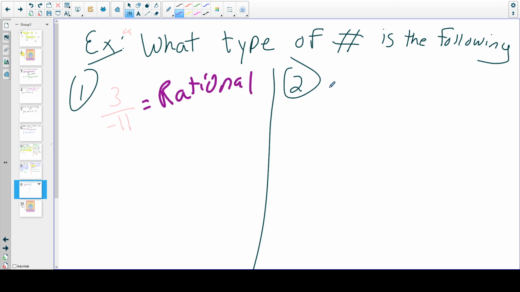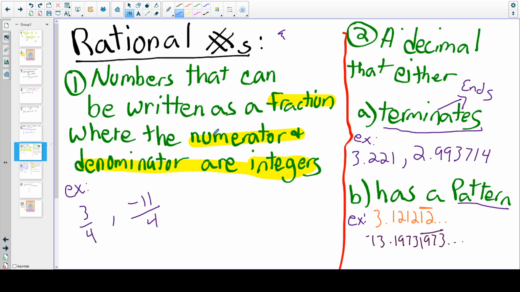What if I gave you the number 3.112, 112, 112, so on and so forth? Well, it's a decimal number, so it has to be either rational or irrational. And for rational numbers, if we're looking at decimals, we want to see if it terminates or has a pattern.